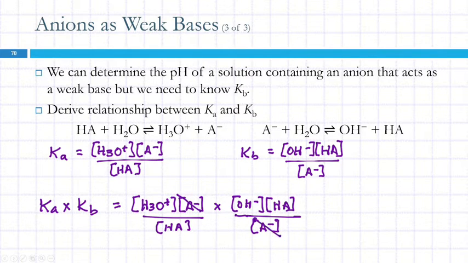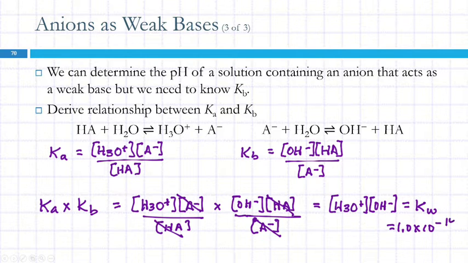A minus is going to cancel out, HA is going to cancel out. And so what we get is hydronium ion concentration times hydroxide ion concentration, and that had a special name, Kw. That's the ion product constant for water, and it equals 1 times 10 to the minus 14. Yeah, so Kw is 1 times 10 to the minus 14.